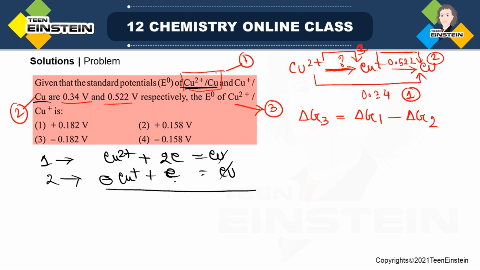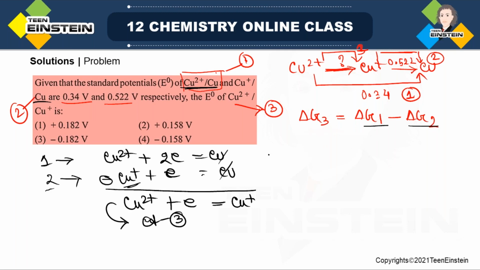Cu will be cancelled. This Cu+ is negative, so it will be on the right hand side. 2 electrons minus 1 electron will be 1 electron, and this is Cu. So now you are getting equation number 3. How are you getting 3? By subtracting 2 from 1, so that is why del G3 will be related to del G1 and del G2 by this relation.